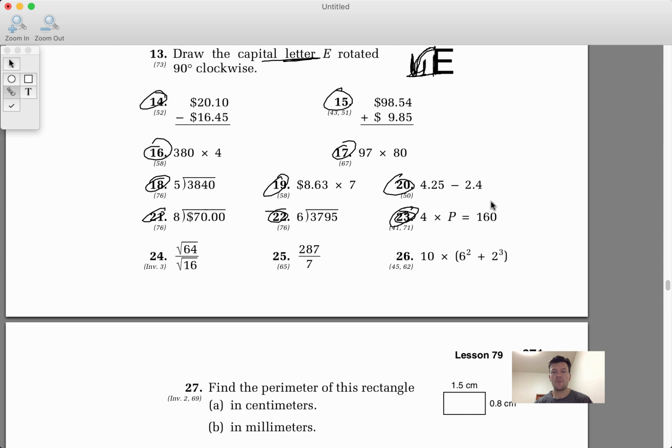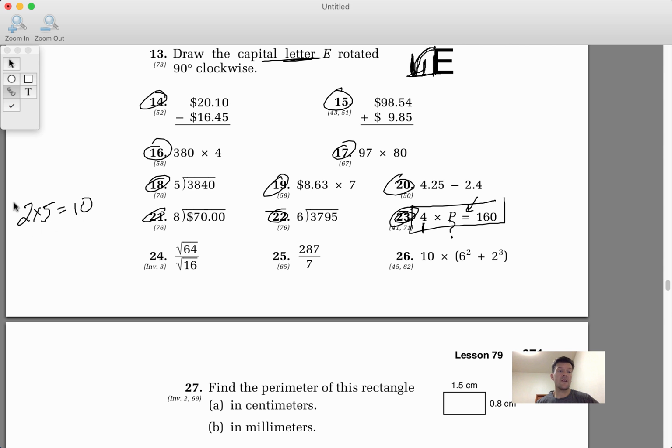4 times something. Remember I said that every equation, and this is an equation, has an equal sign and is asking you a question. This question is 4 times what is equal to 160? Another way to think of that is, let's use some really simple numbers. 2 times 5 is equal to 10.